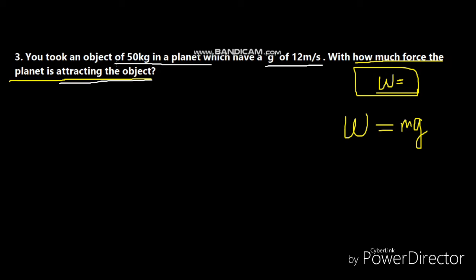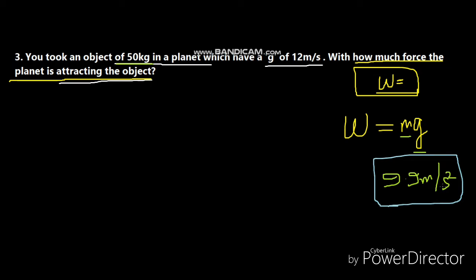We are given the mass, 50 kilogram, and we know the value of g is 9.8 meter per second squared, but this is only for Earth, so this will not work for another planet.